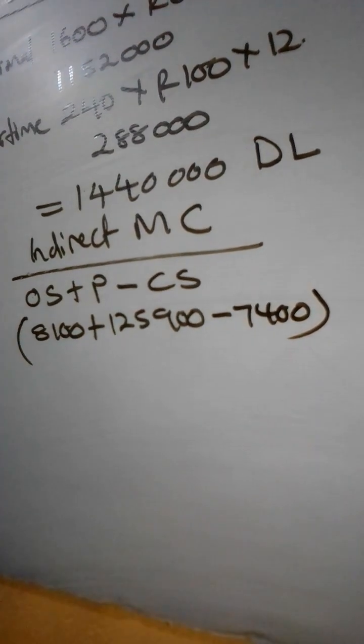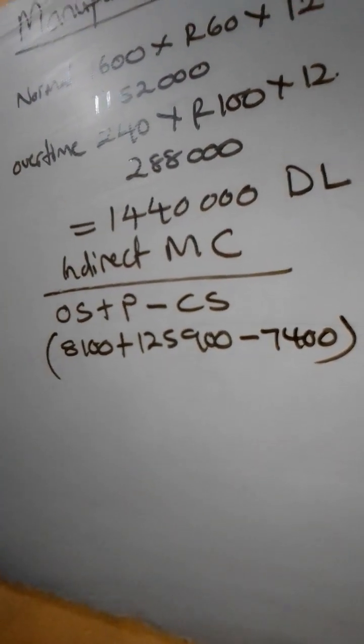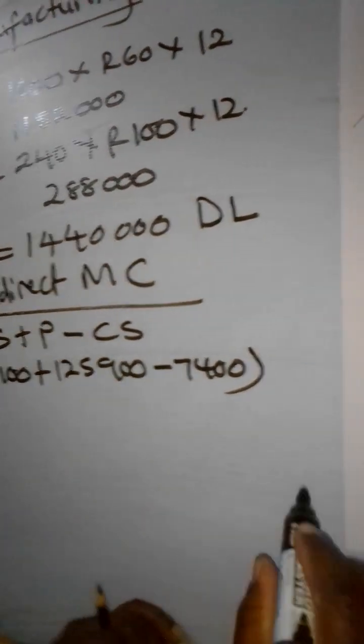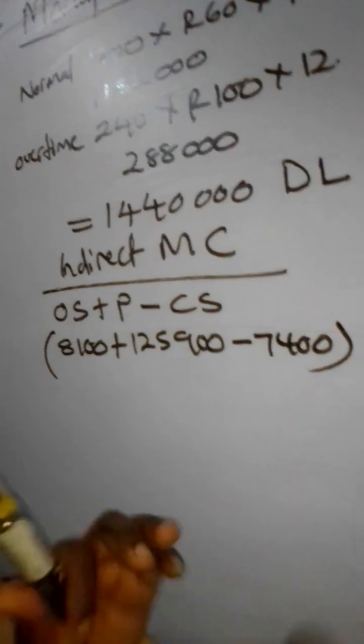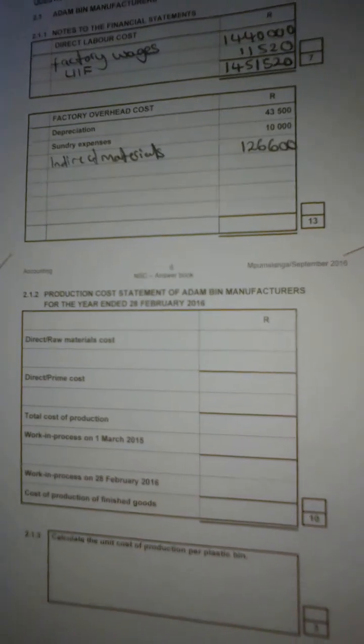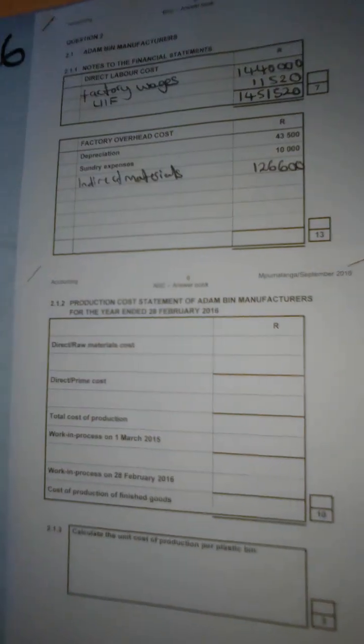If we do this calculation, we are going to remain with 126,600. So 126,600 is our indirect material. Our indirect material cost is 126,600.